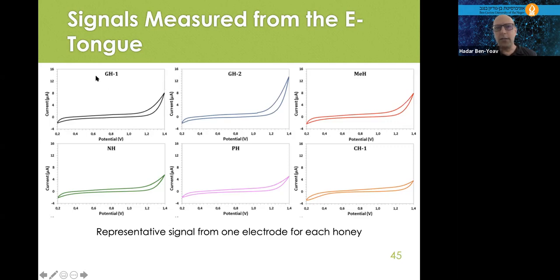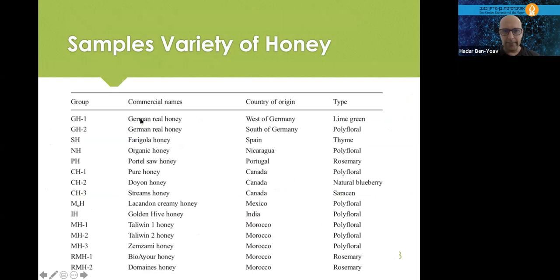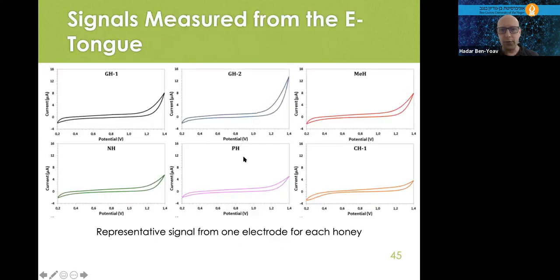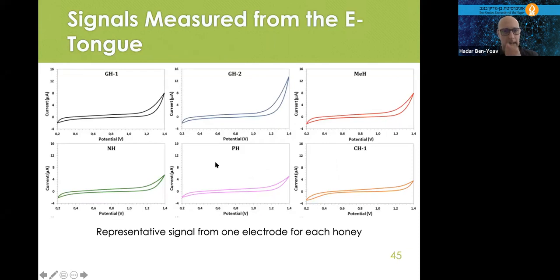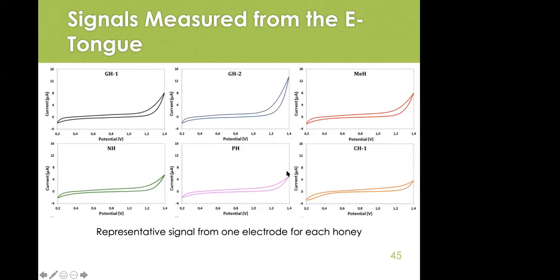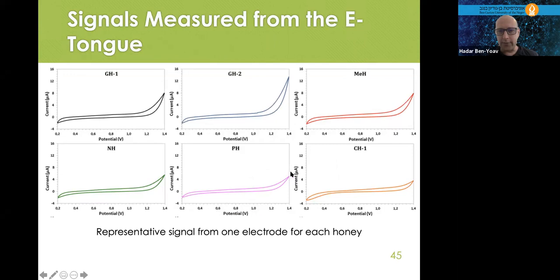When you measure GH1, honey that came from West Germany, compared to PH, honey that came from Portugal, we can see that the maximum current here was 4 microamperes, and here was 8 microamperes.